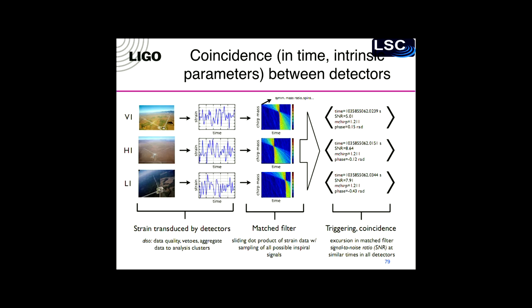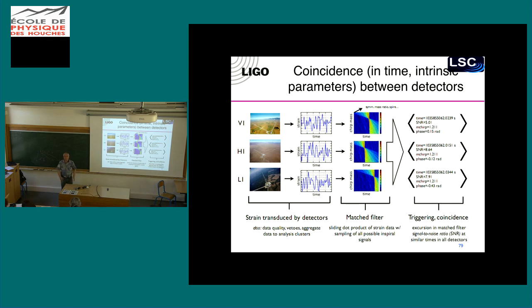So coincidence is a very basic, fundamental thing. It's one of the most powerful tools in experimental science. And here, what we're going to do is look for coincidence roughly in time. It's about 10 or 12 milliseconds between Hanford and Livingston, another 25 milliseconds, as much as to Virgo. And we're going to look for coincidence in time, in waveform, and even in amplitude and phase.